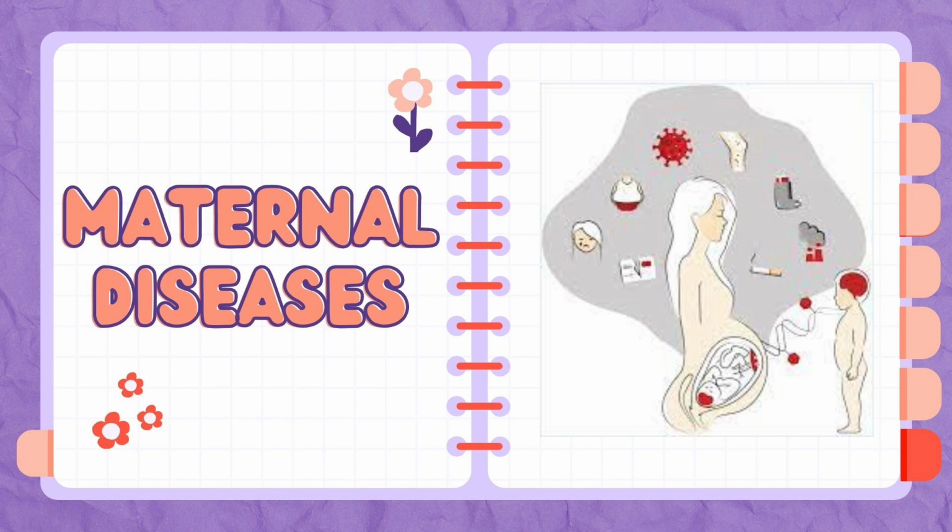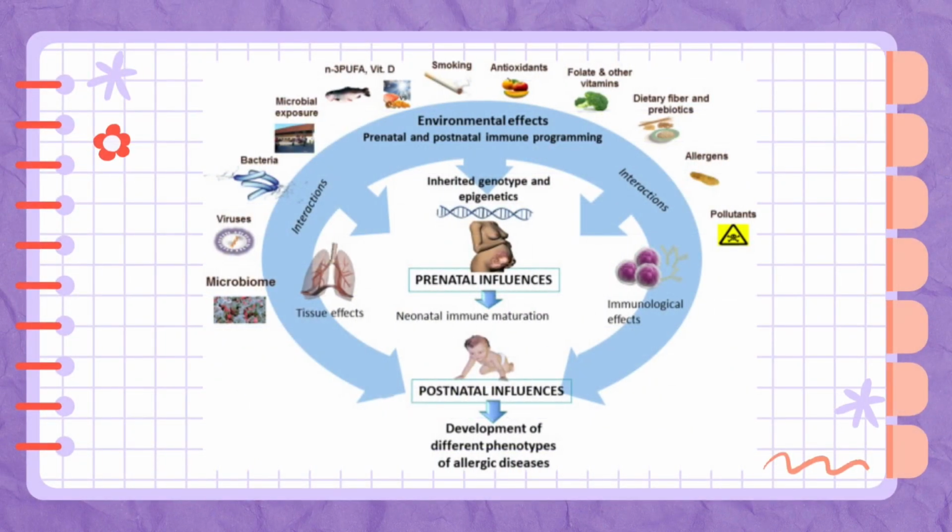One of these is maternal disease, which during pregnancy can have significant implications for both the mother and the developing fetus. Various health conditions can impact pregnancy, ranging from pre-existing chronic diseases to conditions that arise during gestation. For example, maternal infections, especially those that can cross the placenta, may directly affect the fetus.